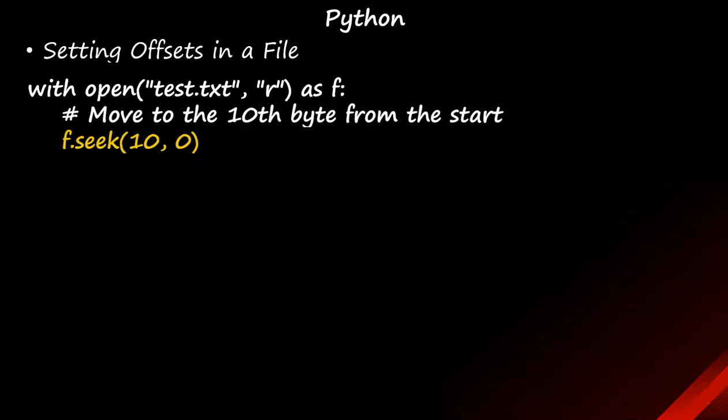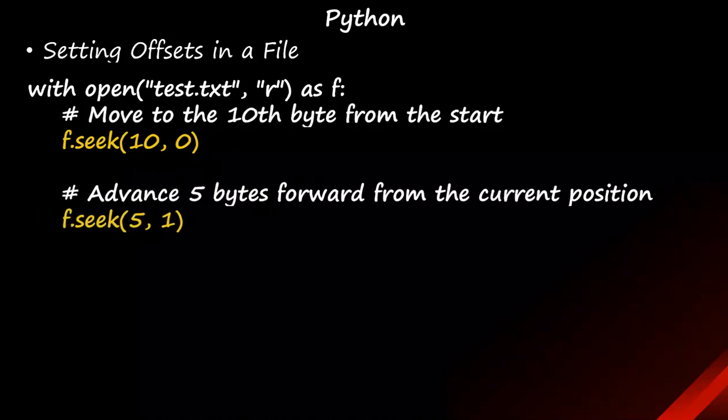Here 0 is the beginning of a file, and you can move to the 10th byte from 0, that is the beginning or start position. Then, for example, f.seek(5, 1). 1 means the current position, so from the current position, the pointer will move 5 bytes forward.